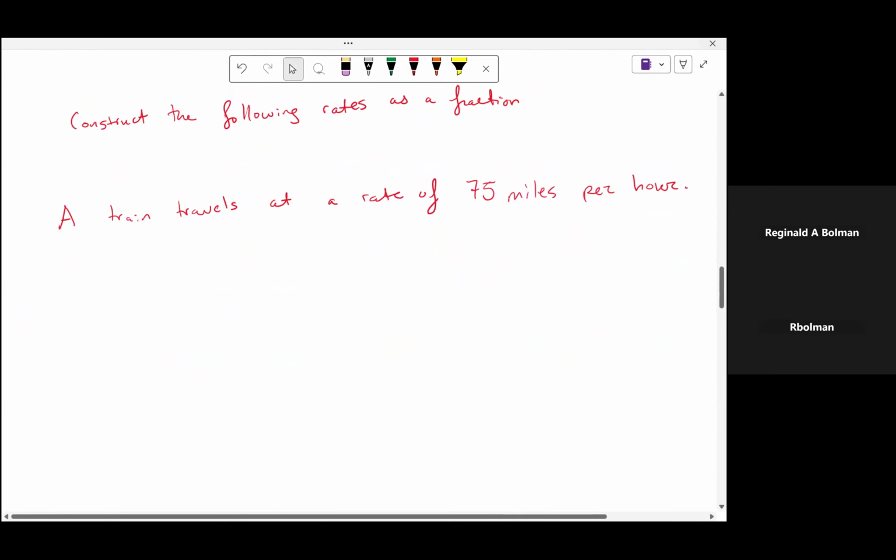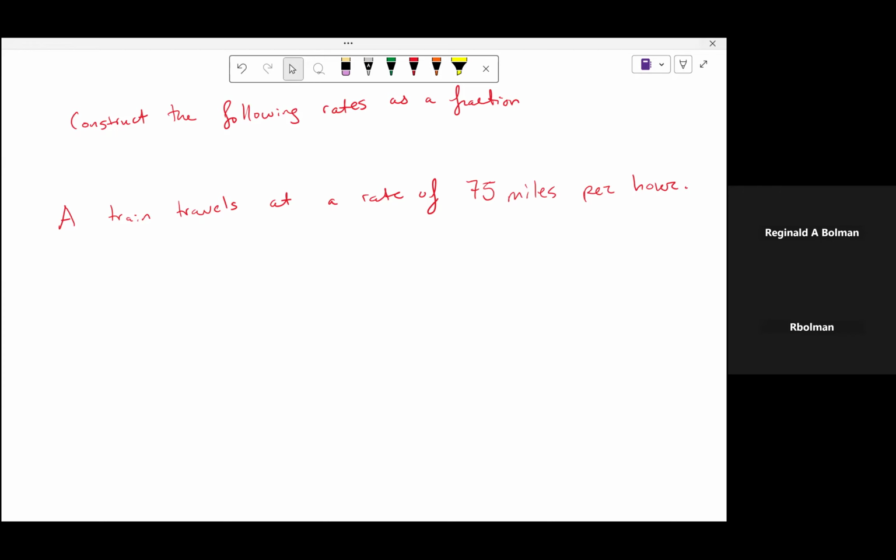The next type of problem that you might encounter would be a problem which asks you to construct a particular rate given a statement. So you might have a statement such as a train travels at a rate of 75 miles per hour, and we're trying to figure out how do we interpret the actual rate that's given to us in the problem statement?